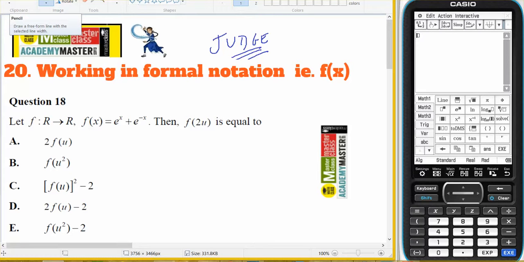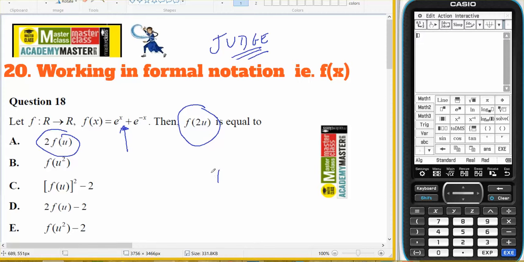This is for Methods Technology Masterclass number 20. I'm going to use a program in the ClassPad called Judge to do problems like this. What Judge will do is judge whether this equals this for this particular function for all values of x.